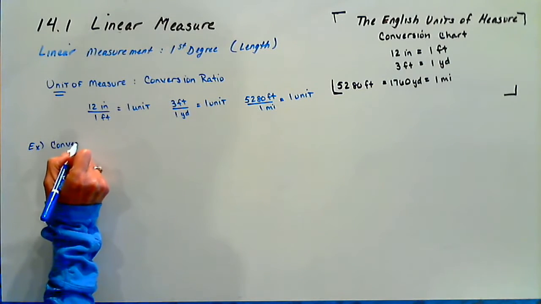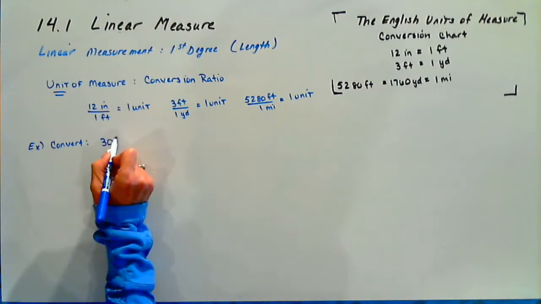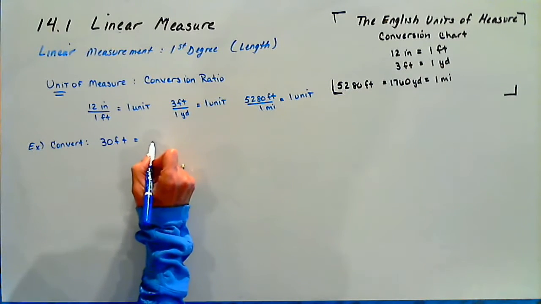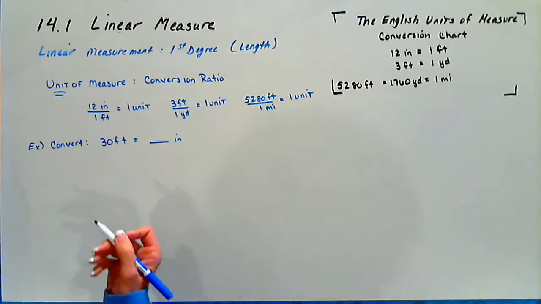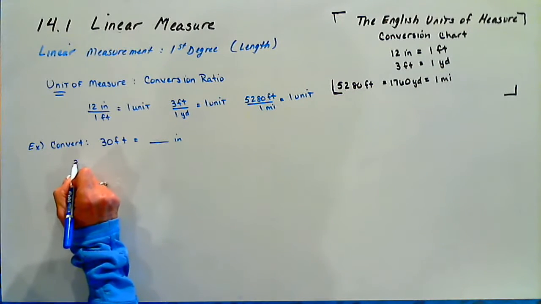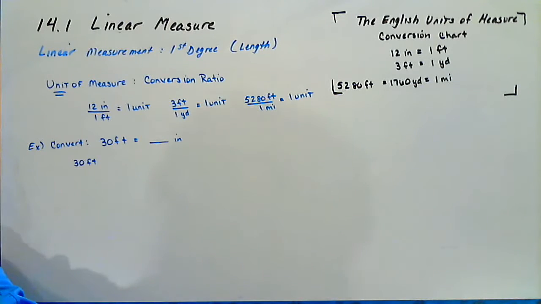Let's convert 30 feet, and you ask, well, how many inches are in 30 feet? Some of you may already know the answer because of shortcuts, but when in doubt, we always need to work it out so we can show students where and how come it works. So always start with your given. Always start with what you know. We're given 30 feet.